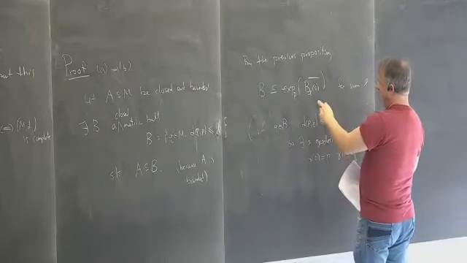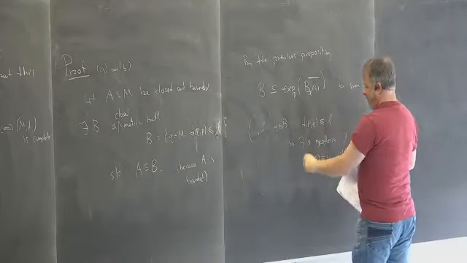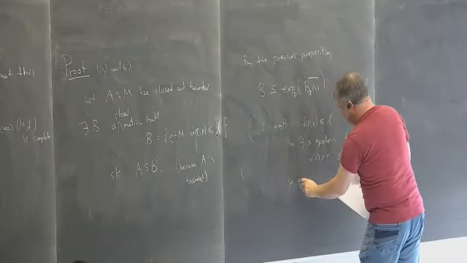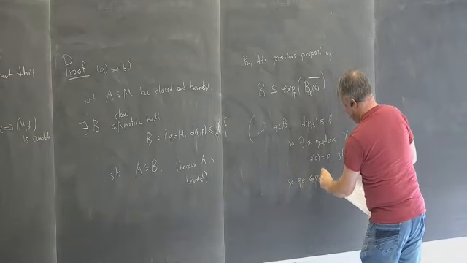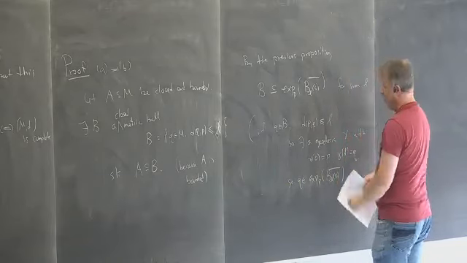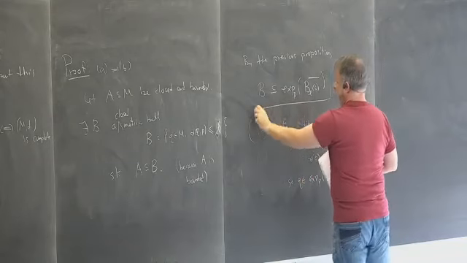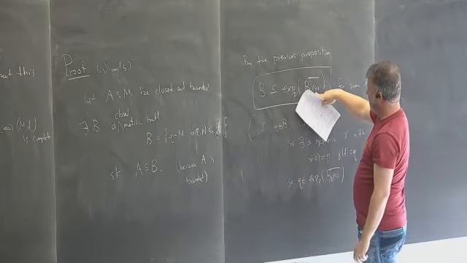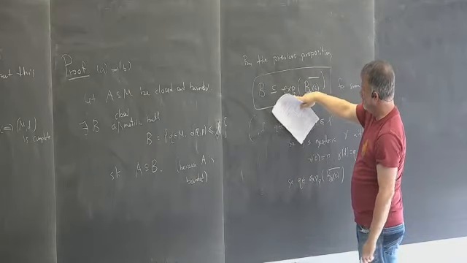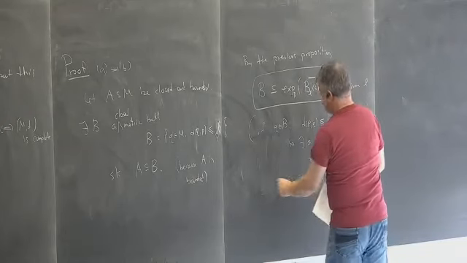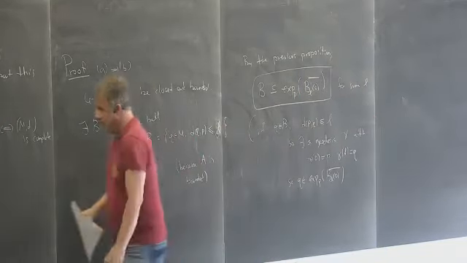So q is in exp_p of the closed ball B_L(0). That's why this is true. But this is compact, the closed ball in the tangent space, and exp_p is continuous. So this is compact. I'm out of room, so let's write it over here.